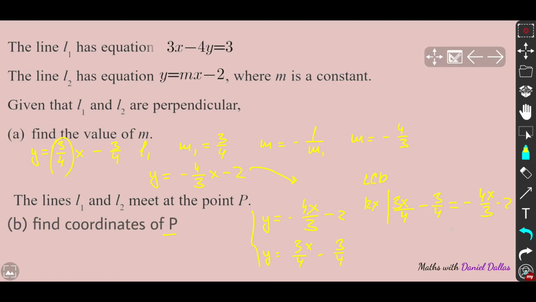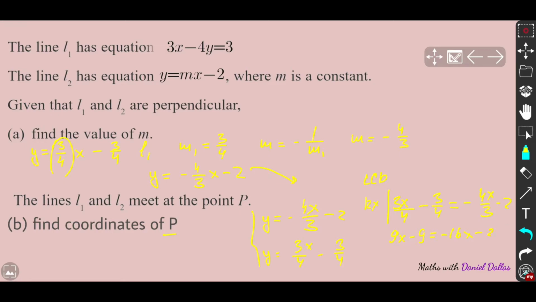After doing that, we get 9x minus 9 on the left side, and the right side is going to be negative 16x, and minus 2 times 12 is going to be minus 24.